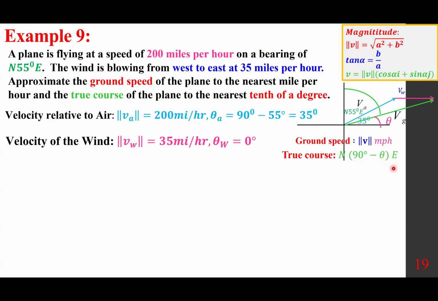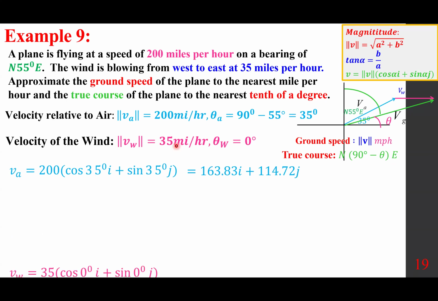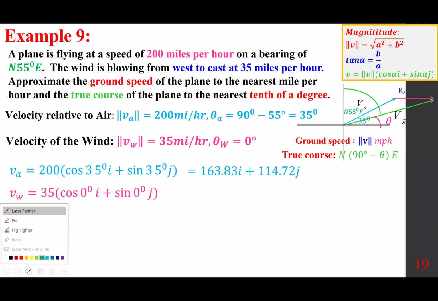So with that being the case, V sub A is 200 cosine of 35i plus sine of 35j. This is not a common angle, so you put it into a calculator. For this one, cosine is 1, sine is 0, so simply put 35i, and you just add the components.